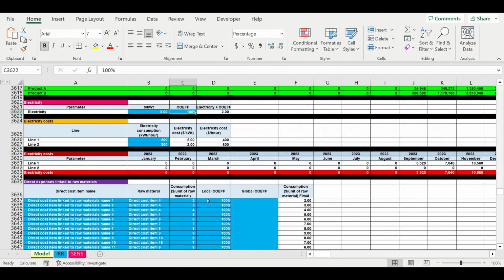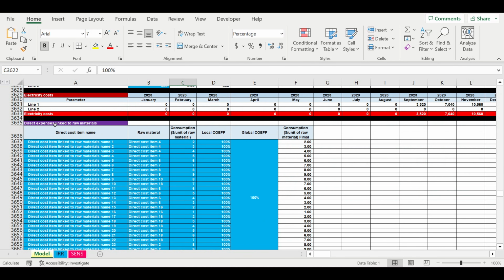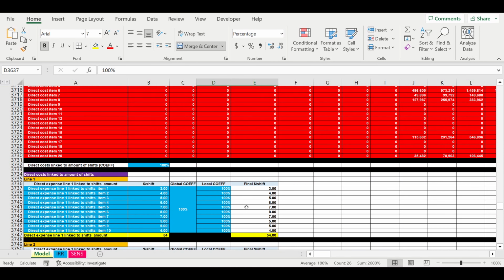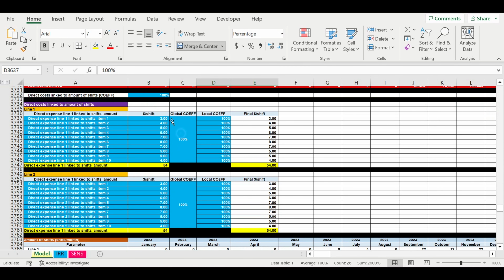Then they usually play with direct expenses linked to the raw materials. We have the same coefficients for this type of expense. Then we have direct costs linked to the amount of shifts. So we have a global coefficient for this type of expense, and local coefficients.